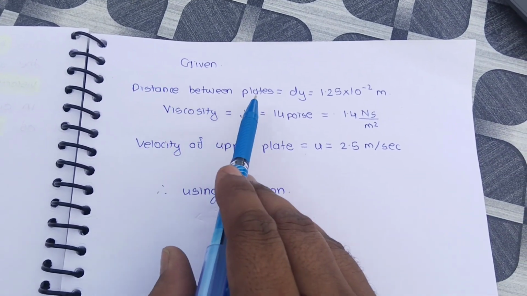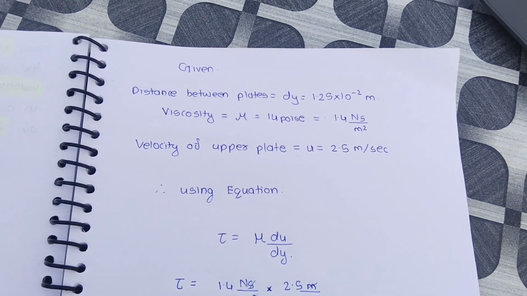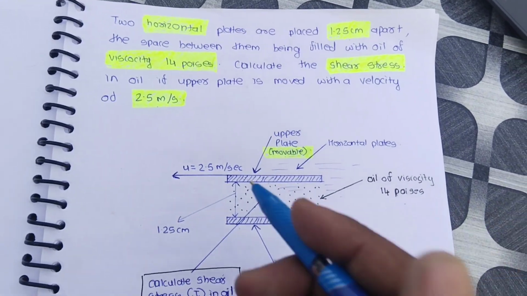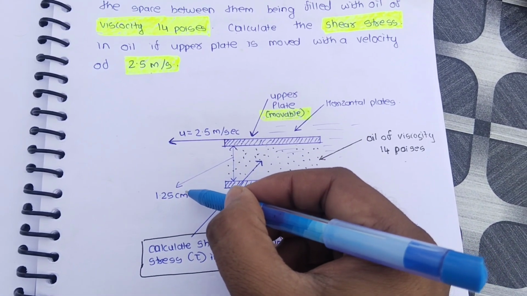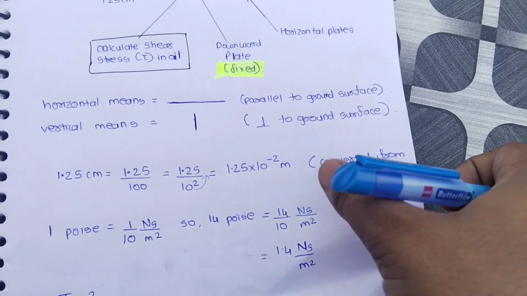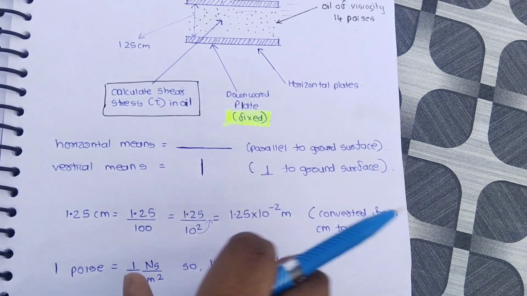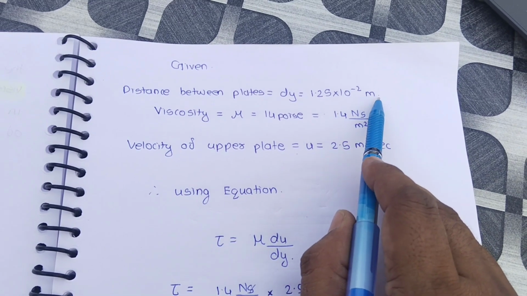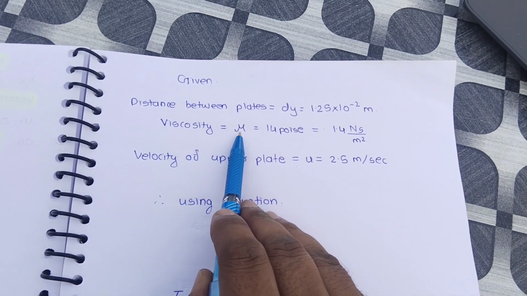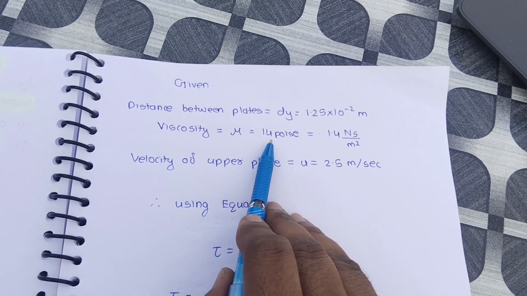So the given distance between the plates is dy equal to 1.25 into 10 raised to minus 2 meter. It is given in centimeter, but we have converted it into meter. Viscosity mu is 14 poise.